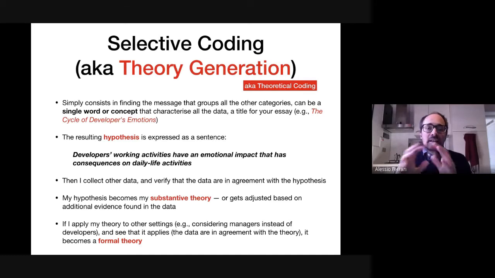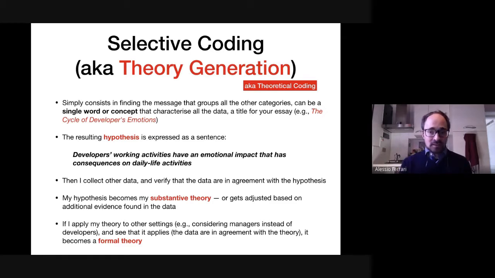This is a set of minimal concepts that allows us to understand the essence of our theory, which is concerned with the emotions and the activities associated to emotions, and a mutual cycle that occurs between activities and emotion in the developers.